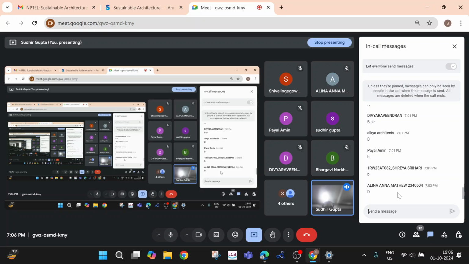Elena is very fast. Whoever has doubt can refer to the slide number. If I am getting a mix of answers, I will refer to the slide.